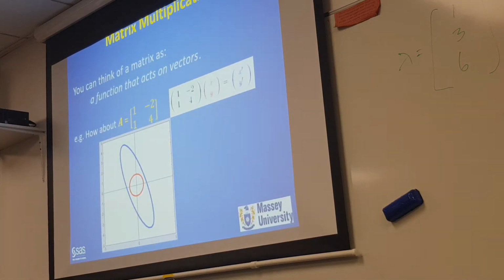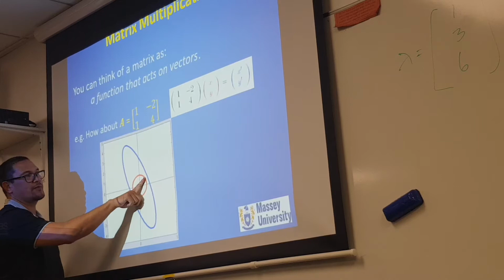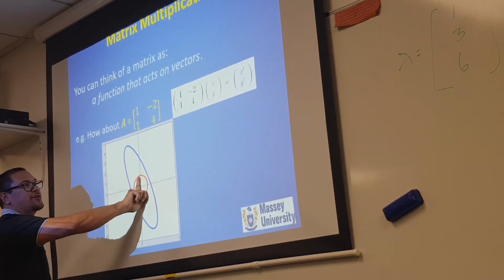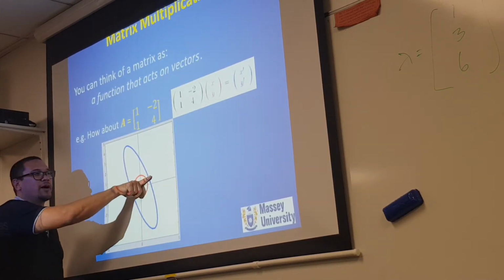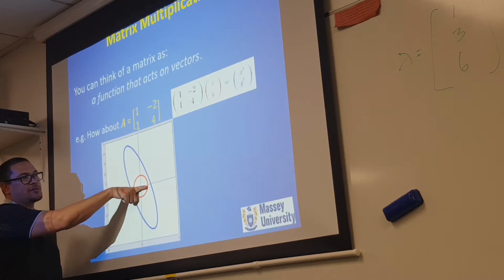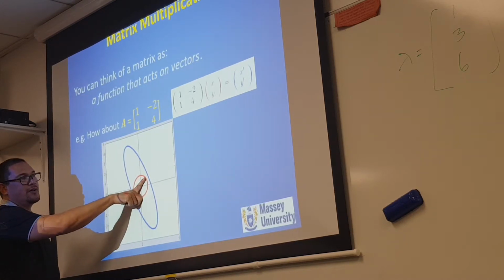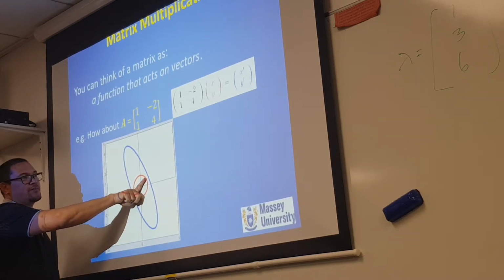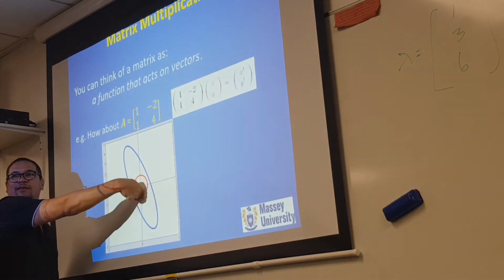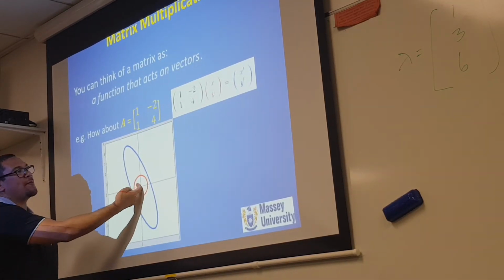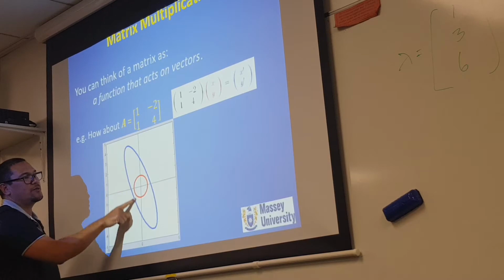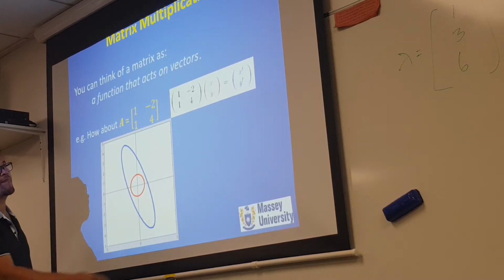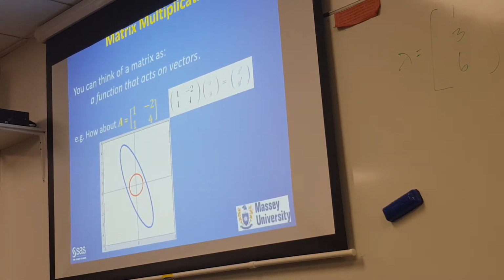So for any particular value that lies on this unit circle, so this is just a vector of some kind, it could be 1, 1, it could be 0, 1, 1, 0, this could be, I don't know, square root of 2, square root of 2, or something like that. This is all a certain distance. What happens is it comes out with the same sort of transformed value, doesn't it?